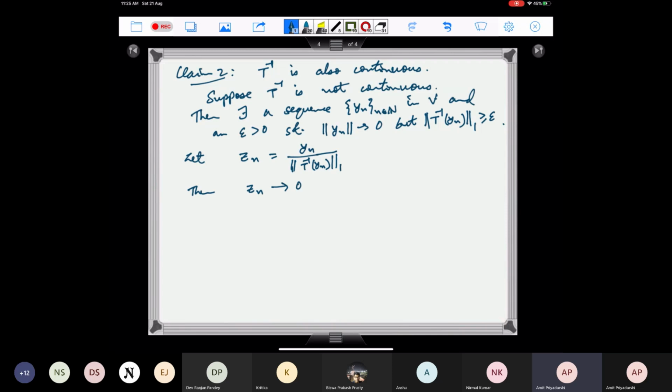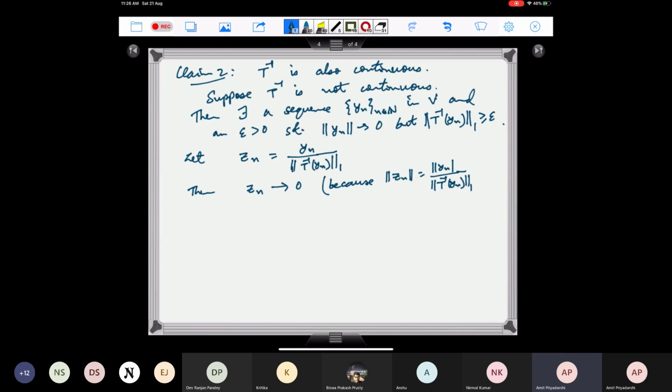Why is this? If we look at norm of zn, this is equal to norm of yn divided by the one norm of T inverse yn.